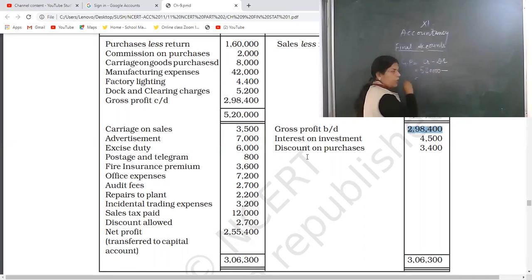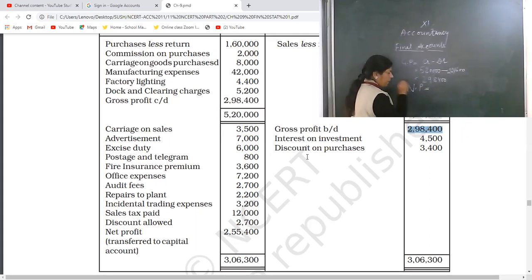And total of debit side will be 2,98,400. So the remaining amount, 2,21,600, will be treated as gross profit. Now we will use the same way for calculation of net profit.